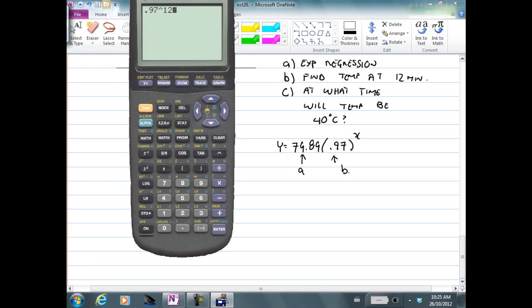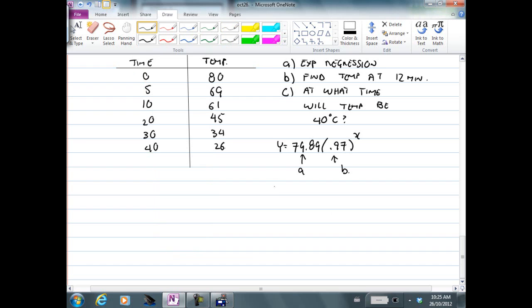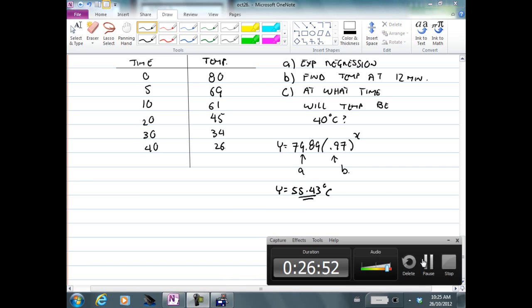To the power of 12, times 79.89. So the temperature will be 55.43. So this is going to be y equals 55.43 degrees Celsius. Guys, I'm going to pause it.